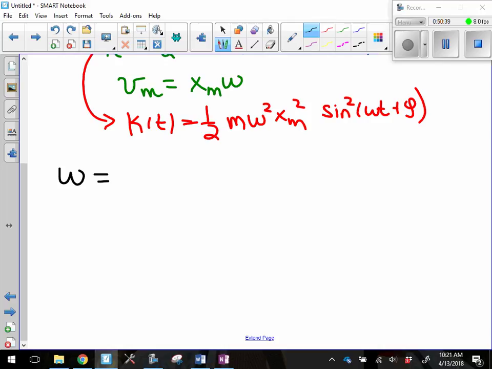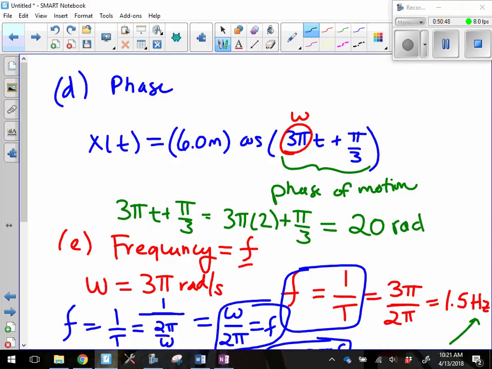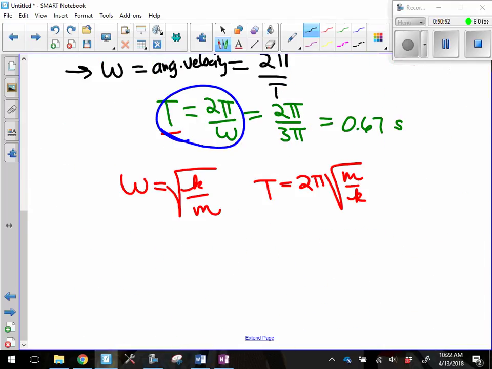That's true, but that's not going to help me here. How else can I write omega? Radical k over m, right?